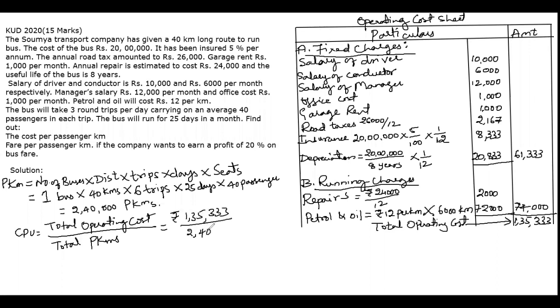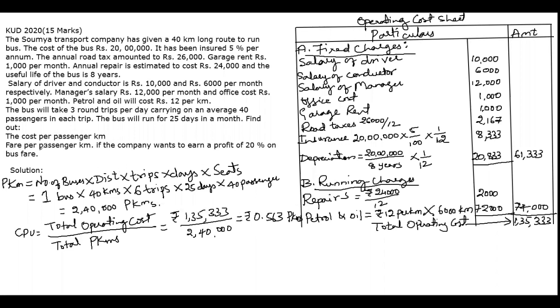It was 2,40,000 passenger kilometer. When we divide this, it comes to rupees 0.563 per passenger kilometer. But in the problem, they have asked this one, first one we have calculated.